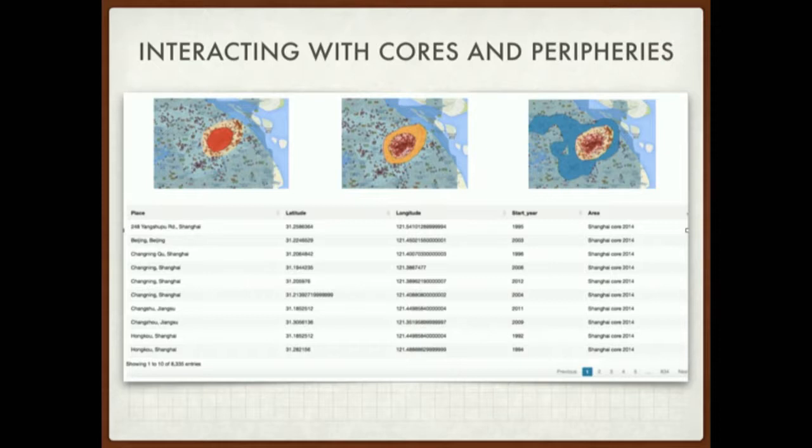You can name this area the way you want. For example, it was Shanghai core in 2014 or Shanghai core in 2010. And then once you apply this category, you can do further statistical analysis using regression or some other analysis.